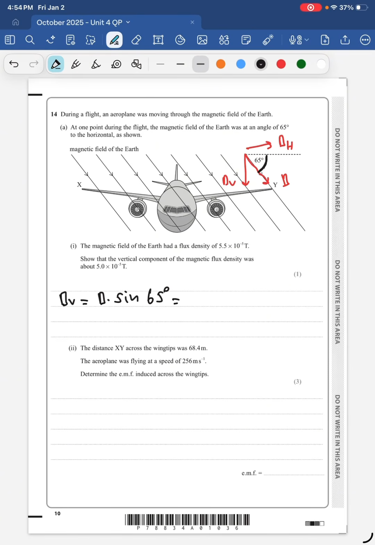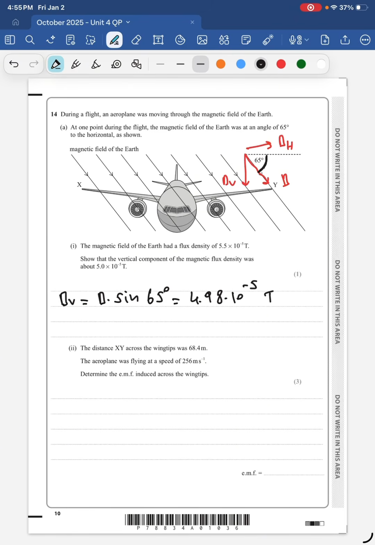B vertical is not adjacent to the 65 degrees angle, so you use the sine for that one. If you do the calculation, you find 4.98 times 10 to the negative 5 teslas, which is about 5 times 10 to the negative 5 teslas.